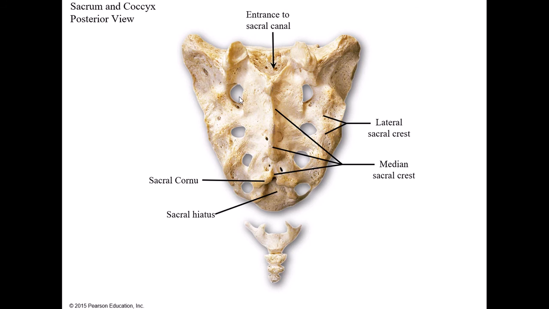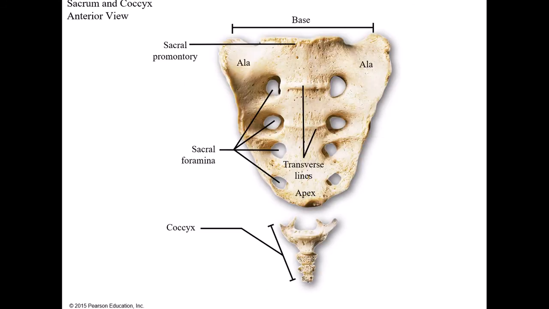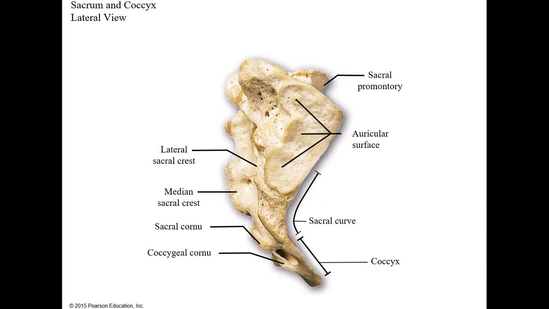Now, the last couple things on the sacrum: these holes right here are just the foramen. The holes that we see from the back we could call the posterior foramen. The holes that we see from the front you could just call the anterior foramen. Finally, if we take a look at a lateral view, this part of the sacrum here is known as the auricular surface.